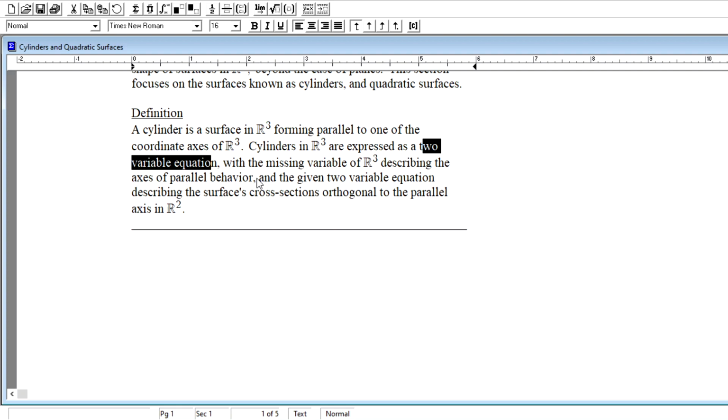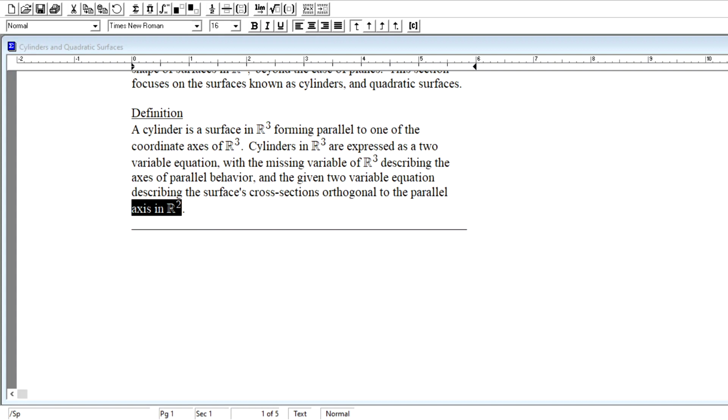And how you can tell which axis it runs parallel to is that it will be the variable that is missing from your equation. When you think about what the surface would look like, it's essentially the cross-section orthogonal to this parallel axis being extruded along that parallel axis. All right?